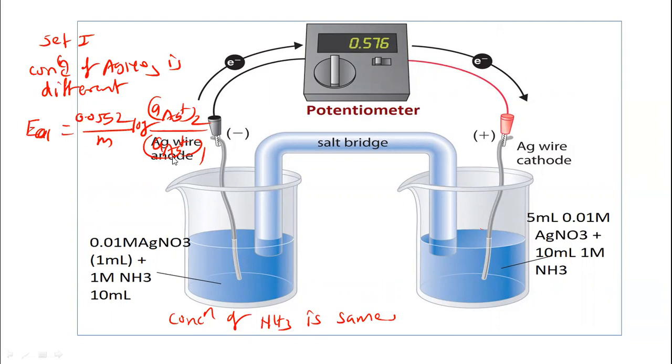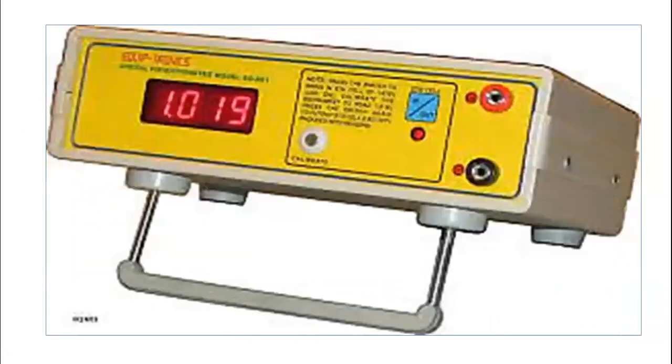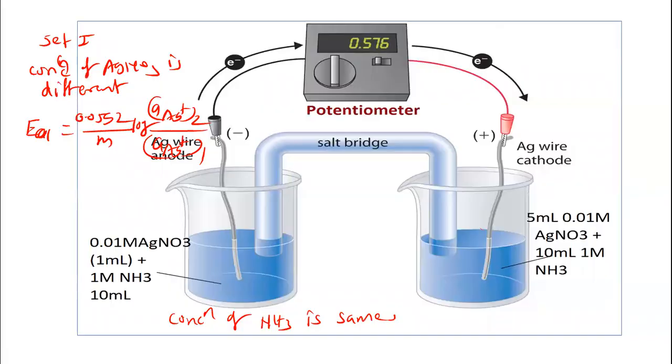Now how can we determine the effective concentration of the silver nitrate and the effective concentration of the ammonia in both the compartments? You can see here the calculation part.